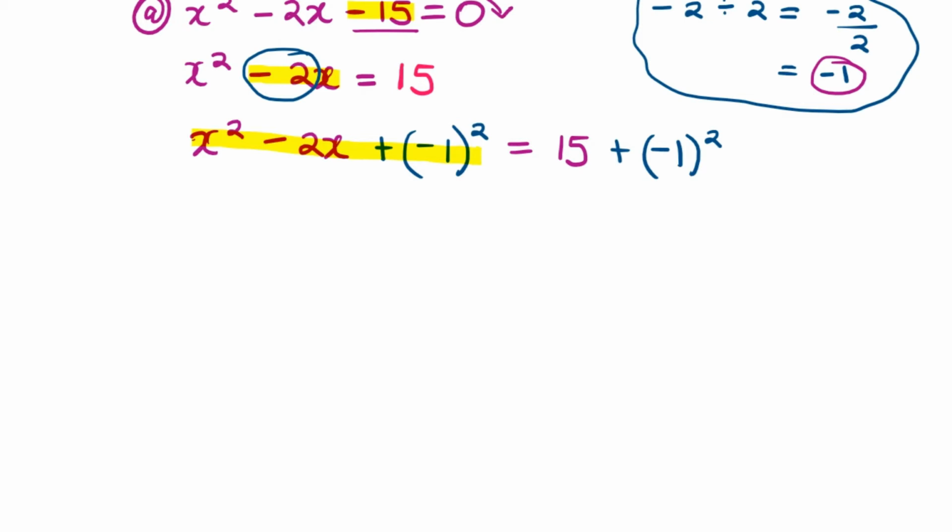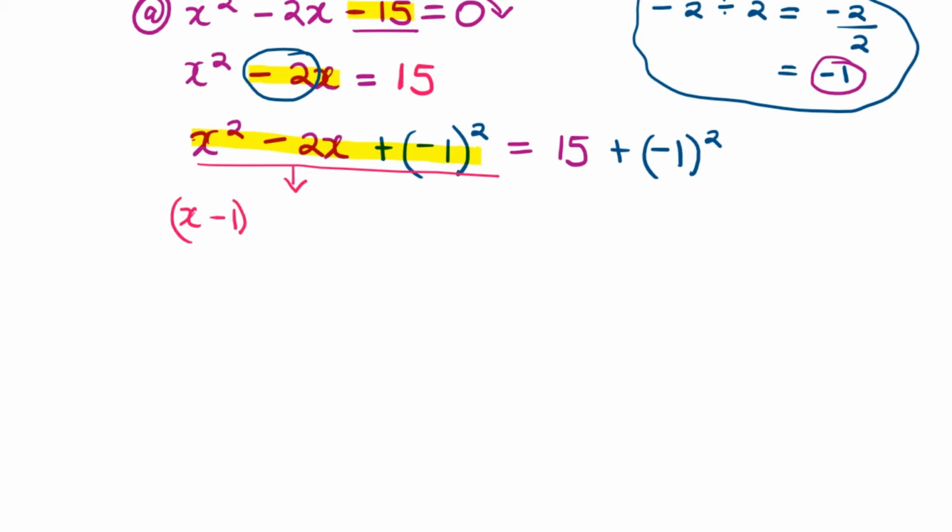When I reverse this part, we're going to have x minus 1 squared.